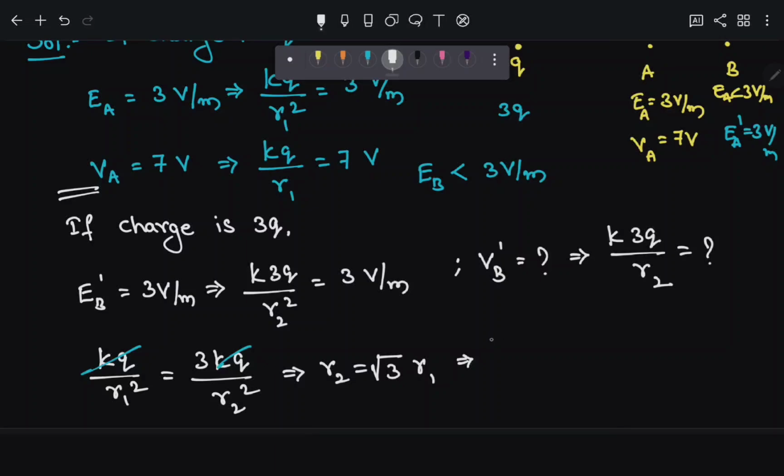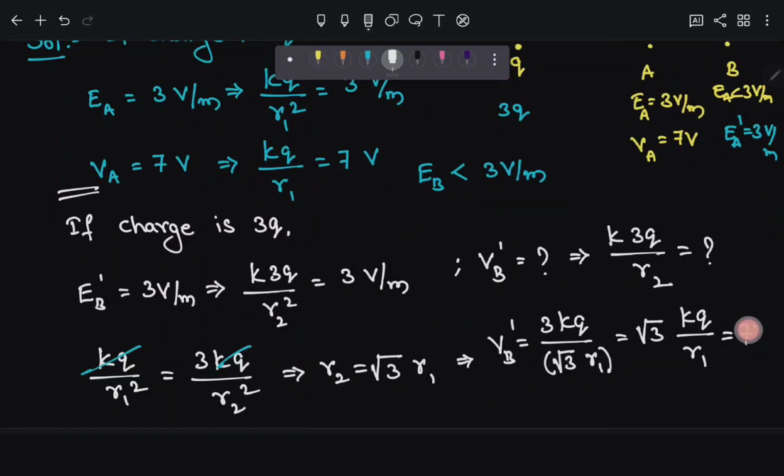If you substitute, VB dash is equal to 3KQ divided by R2, and I'm going to write root 3 R1. Now this will become root 3 of KQ divided by R1, which is 7 volt. So root 3 into 7 volt.